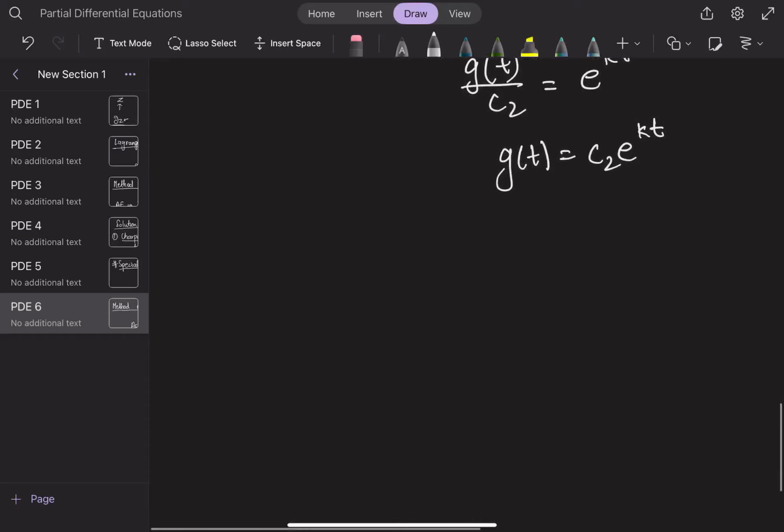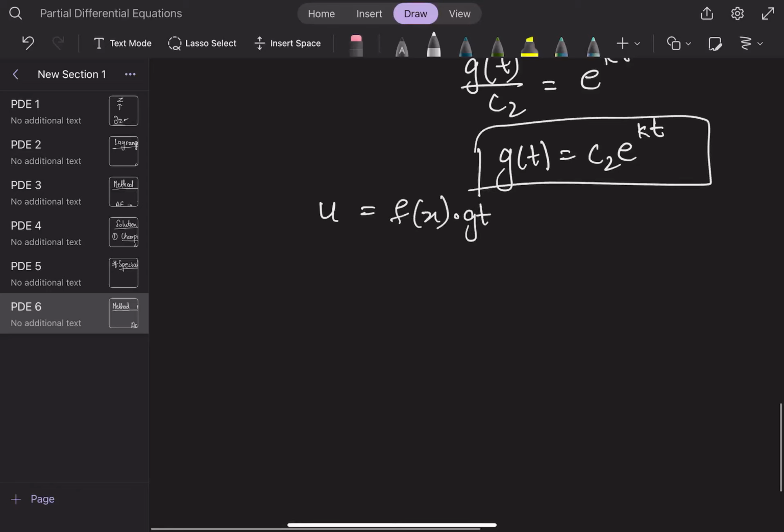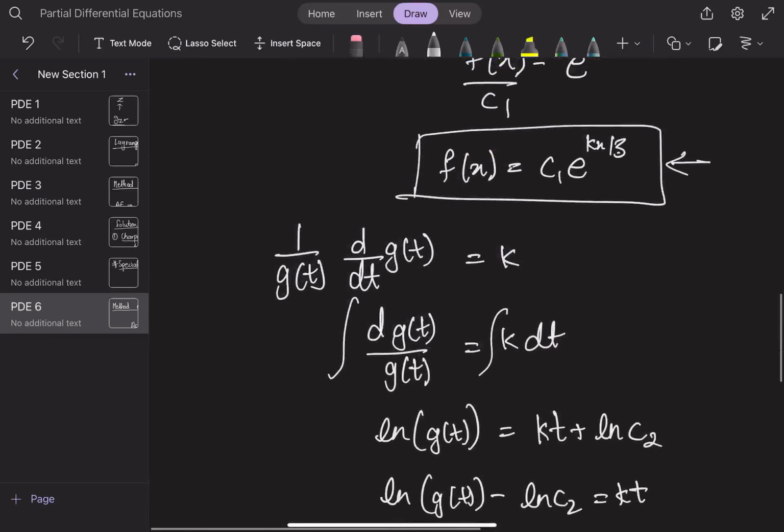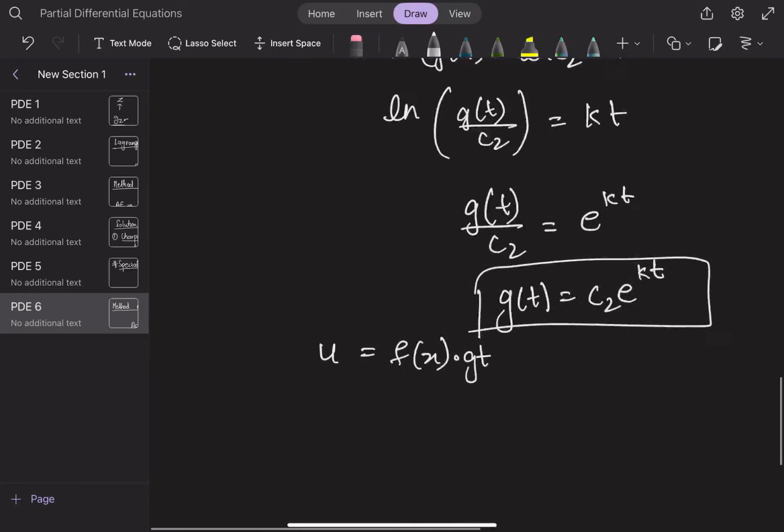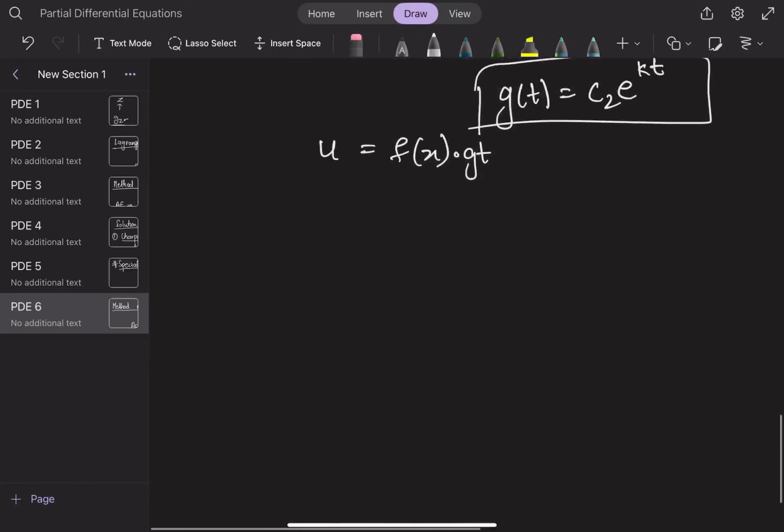Now remember, in the starting we assumed u is equal to f(x) into g(t). This is your g(t) and this is your f(x). So let's multiply them: c1 e raised to kx/3 multiplied by c2 e raised to kt.